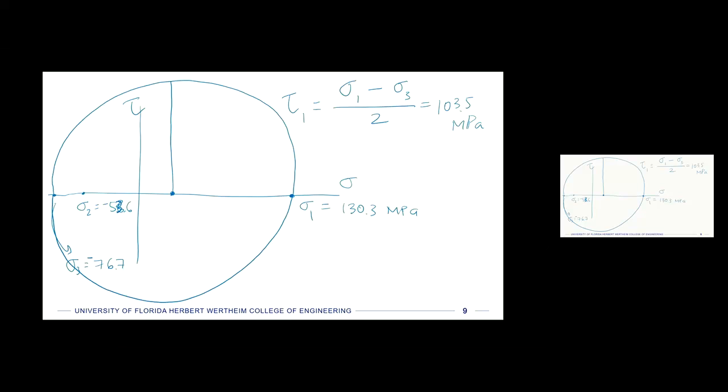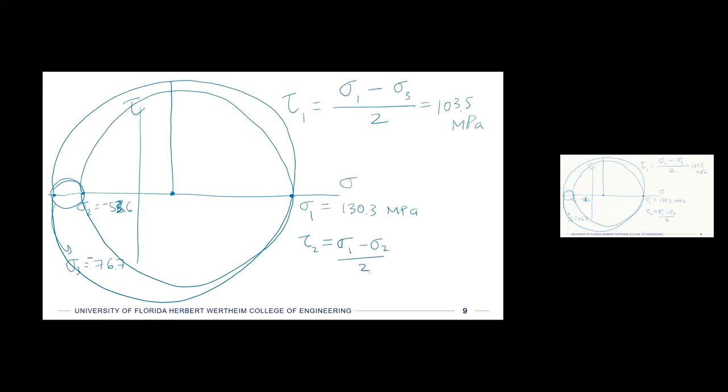But we can also go in here and draw our other two little Mohr circles, right, that go like this, that fit inside the larger one, and each of those circles will have a radius, right? So that means we can calculate the other two principal shear stresses. So we can have tau 2, which is going to be the medium-sized circle, which is sigma 1 minus sigma 2 divided by 2.